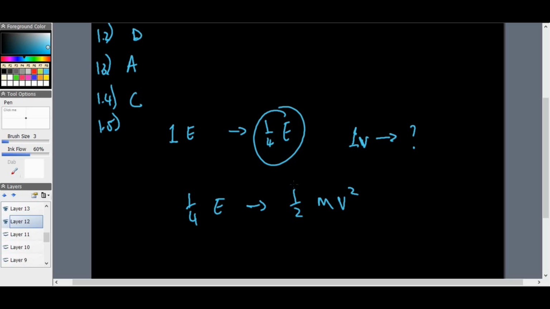So let's multiply both sides by 2, and we get 2 over 4E equal to mv squared.